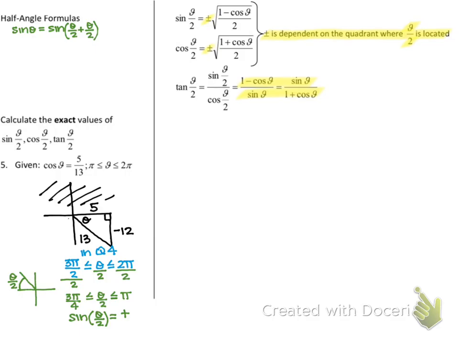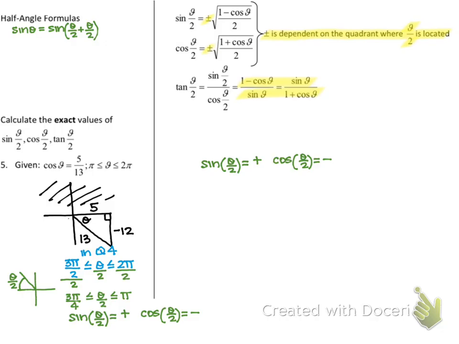And I know that cosine of theta over 2 has to be negative because it is left. So I'm going to grab these guys and pull them up so that we have them. So I need to keep that in mind when I go through and do sine of theta over 2 and cosine of theta over 2.